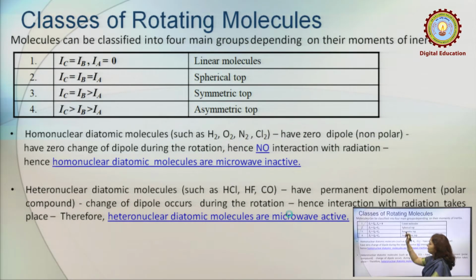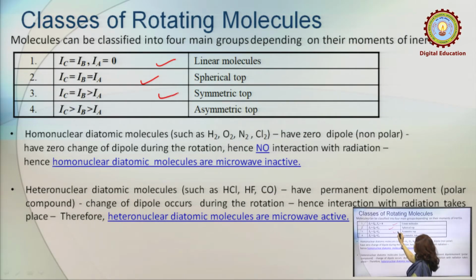On the basis of moment of inertia, there are four main groups of molecules. As we earlier discussed in our slide, this is the case of a linear molecule and this is the case of a spherical top, where the moment of inertia along the three axes is equal.